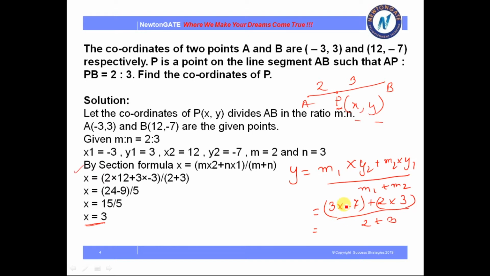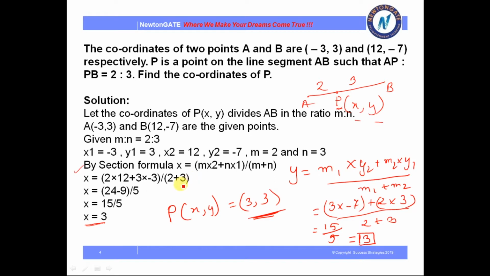This is equal to 15 by 5, that is equal to 3. So the value of Y is 3 and the value of X is 3. So P is (X, Y), that is equal to (3, 3). So the coordinates of P are (3, 3).